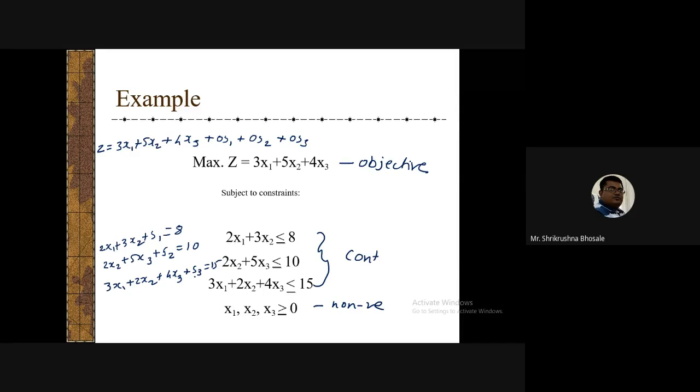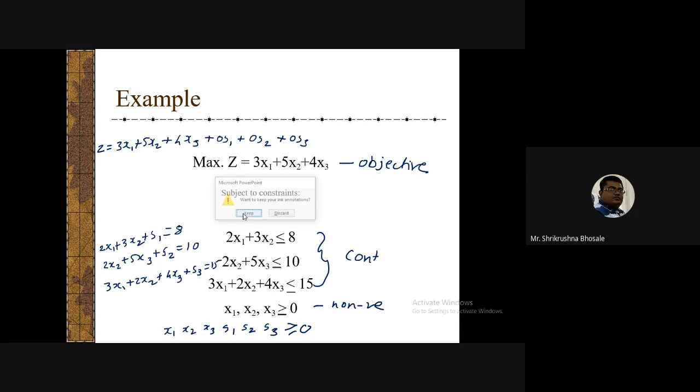And your non-negativity constraint becomes x1, x2, x3, s1, s2, s3, all greater than or equal to 0. Okay, so this is the particular thing in front of you. Please start solving this particular problem.